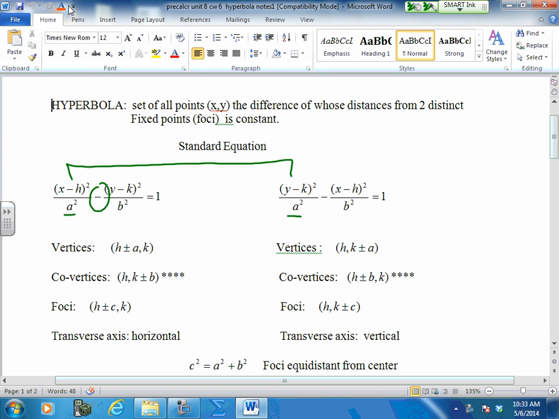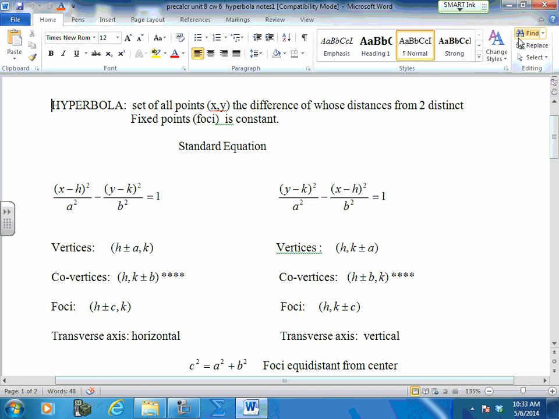And it is the term that comes first where your transverse axis is, because in subtraction it matters which one is first. We call it a transverse axis because that's where your hyperbola branches go off of that axis.